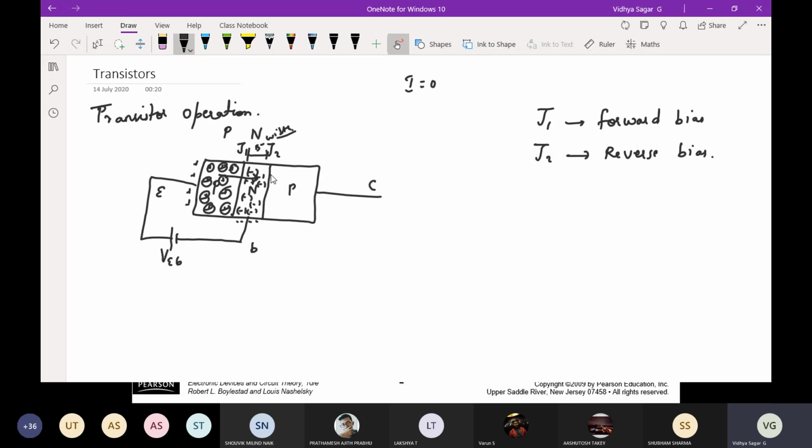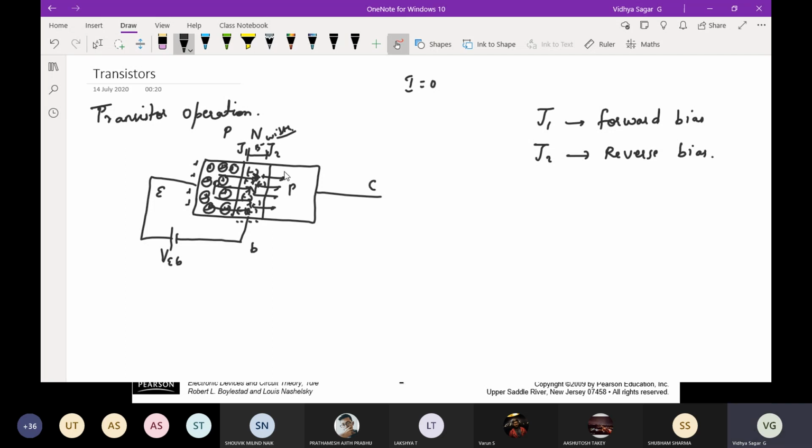Depending upon the potential applied, the charge carriers have more potential to cross the barrier, so they diffuse and then reach the other terminal.